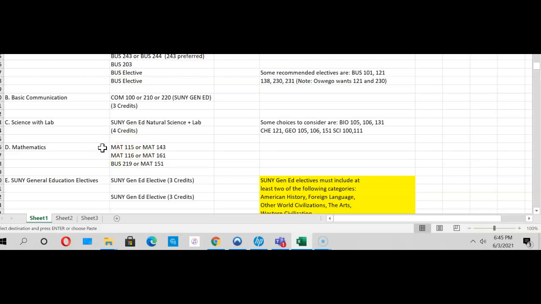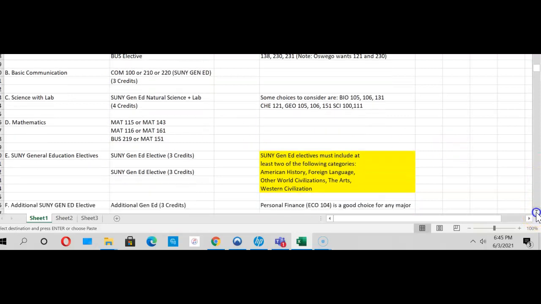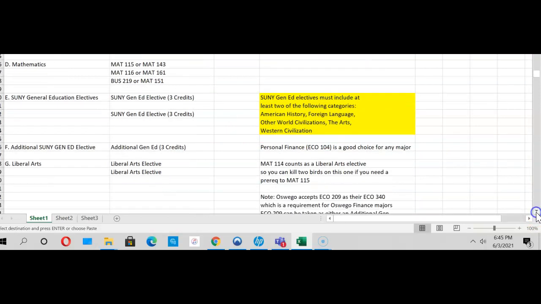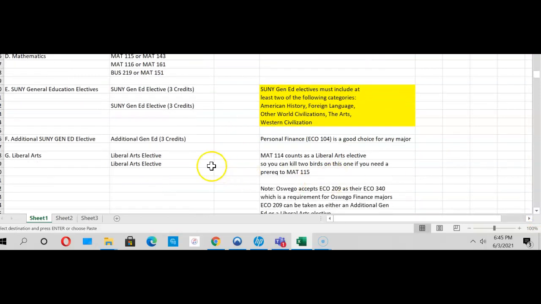Now, if you're not ready to take Math 115, you need to take Math 114. Here's the thing with Math 114. Let's scroll down a little bit here. You can kill two birds with one stone because Math 114 actually counts as a liberal arts elective. I've got it here as well.